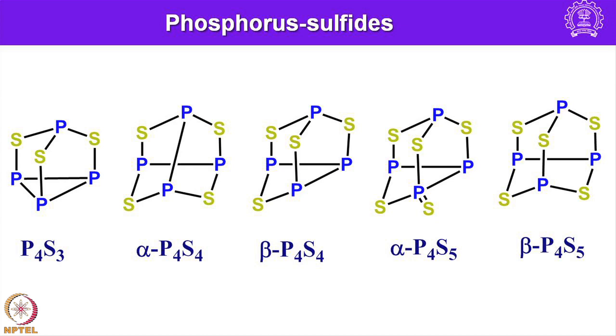Similarly, we can also have a P4S5 of different structure, where except for 1 P-P bond, all P-P bonds are broken with P-S-P bonds. So, this is where the structural similarities between phosphorus oxides and phosphorus sulfides can be looked into.